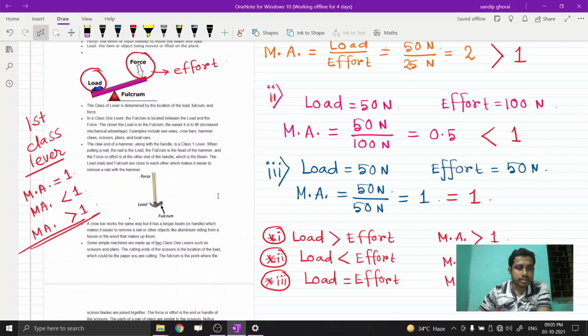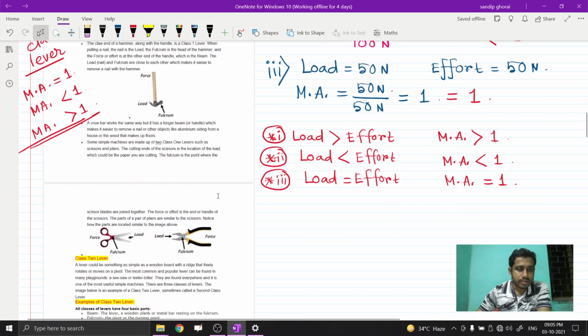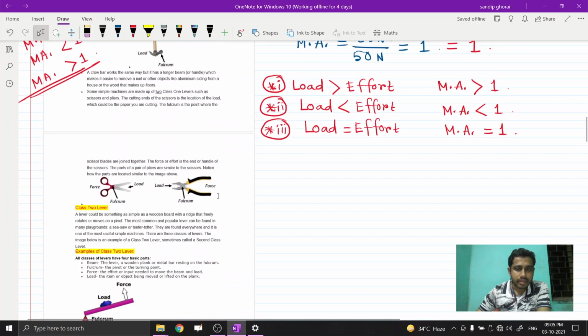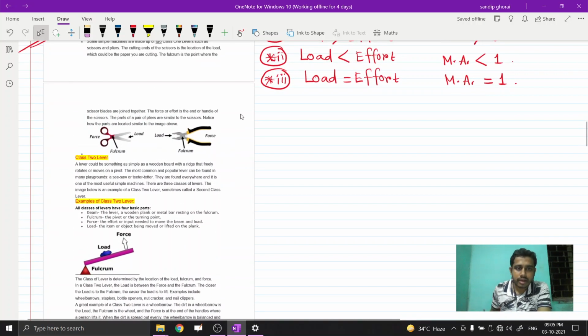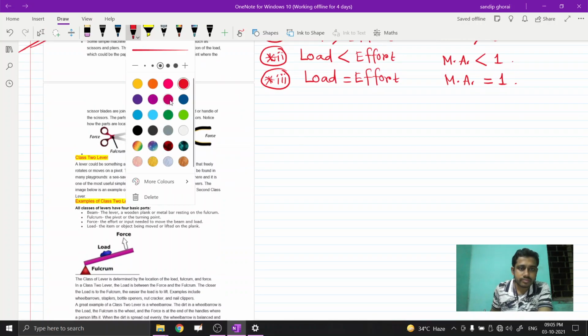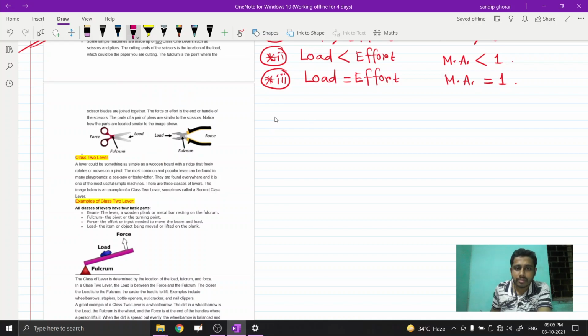Here are different examples of first class lever, and at first we draw a simple block diagram for first class lever. This is your first class lever.